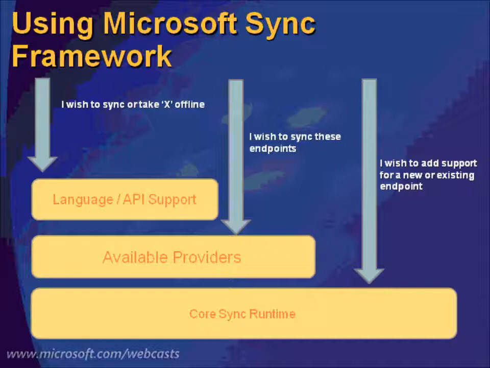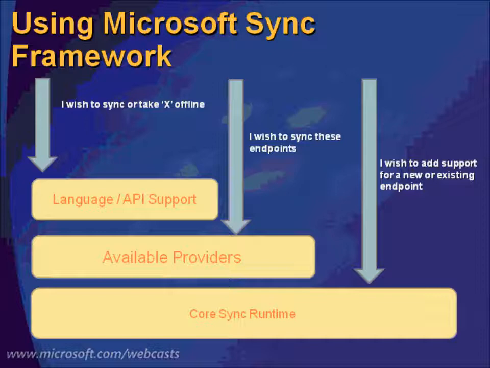So here is a scenario for when you want to use one of the different levels of working with the components of the Sync framework. The easiest thing to do, kind of the low-hanging fruit, is on the left-hand side here, when we say, I have an existing application, I'm building it within Visual Studio 2008, and I wish to sync that application with my server or take it offline and enable this application to work in a disconnected scenario and then synchronize once I get reconnected online.